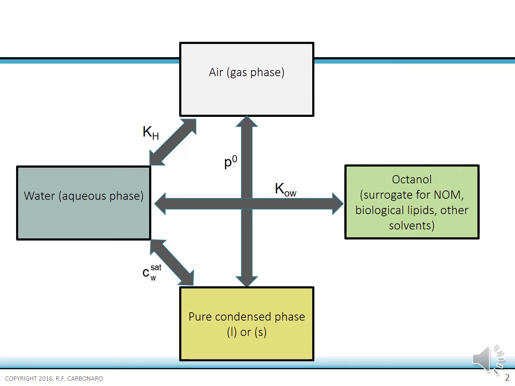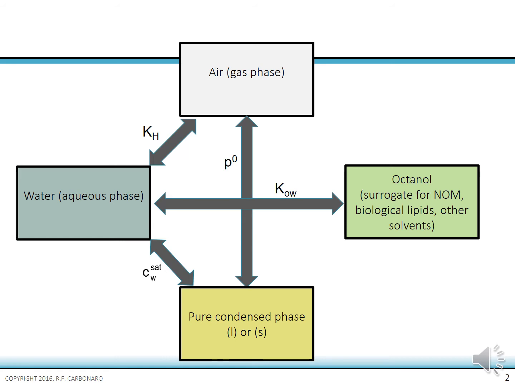We've already covered how pure liquids and solids get into the gas phase, and that vapor pressure, P superscript 0, is used to describe that distribution of chemical between the pure liquid or solid and the gas phase. We've got a linkage between the pure phase and the aqueous phase, water, and that's CW-SAT. And then we've also got the linkage between the aqueous phase and the gas phase, that being the Henry's law, KH.